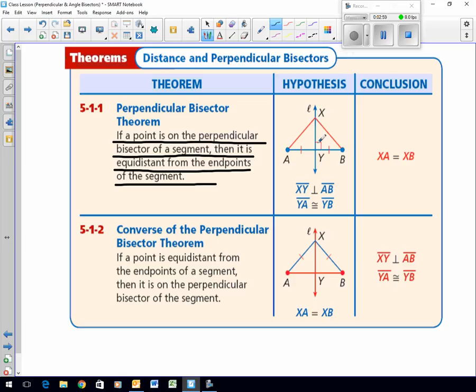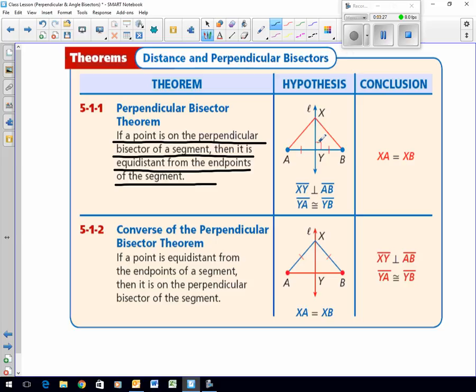What would we call point Y? Here's a hint. It's in the middle. Midpoint. Very good. If it cuts it into two congruent segments, then Y is the midpoint.